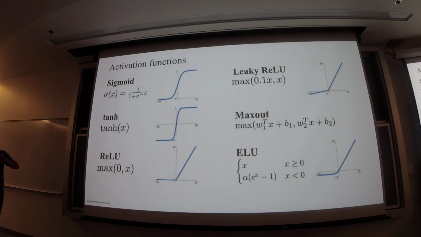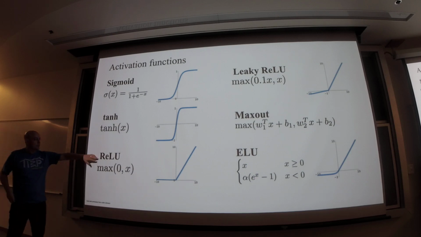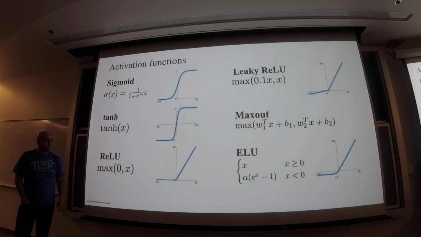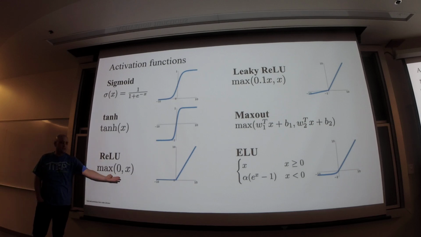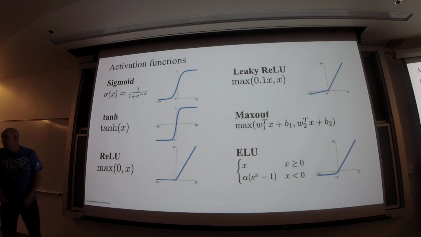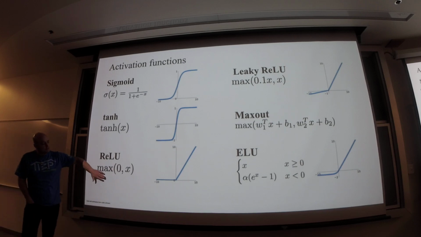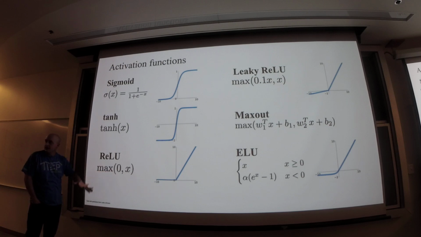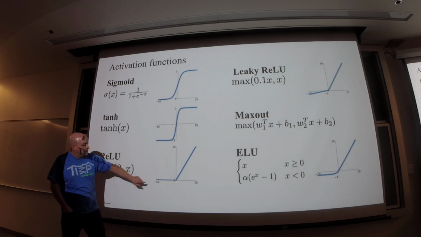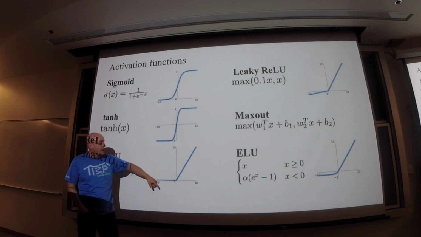Okay. Then there's ReLU, or rectified linear units. We've talked about this a bunch. This is just that max function we've been dealing with. It's one of the most linear nonlinearities, right? Because for a huge portion of its domain, it is linear.